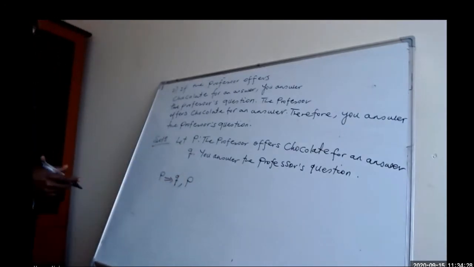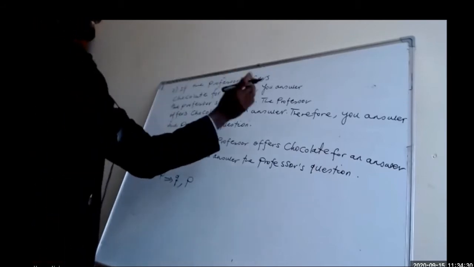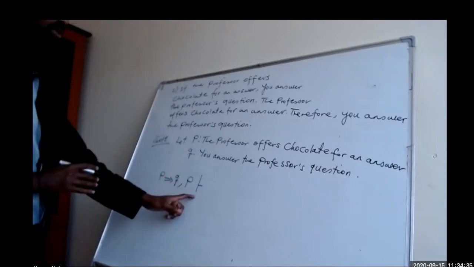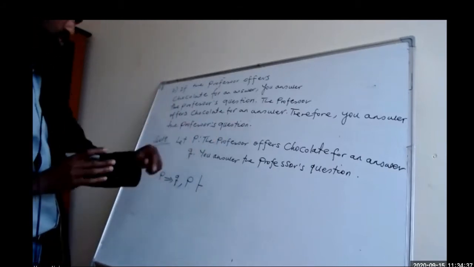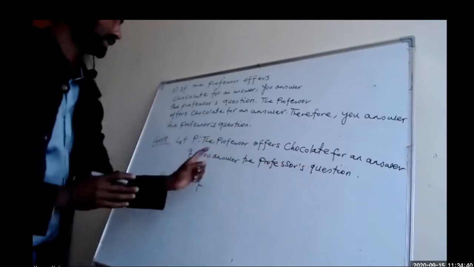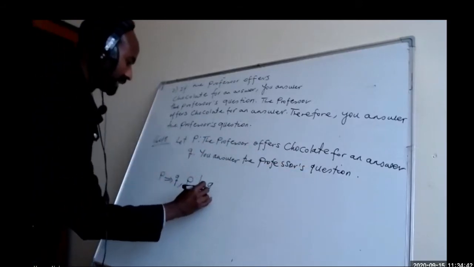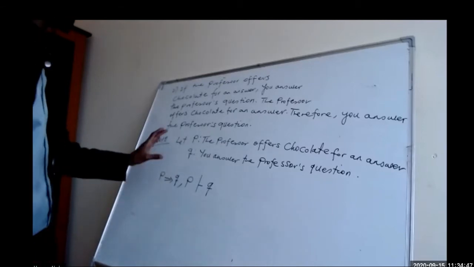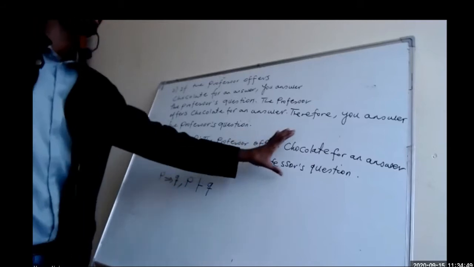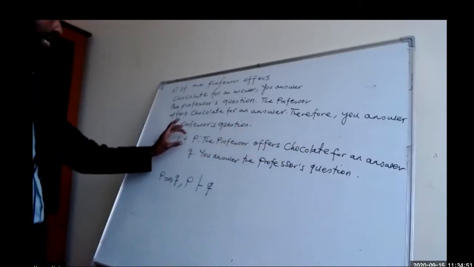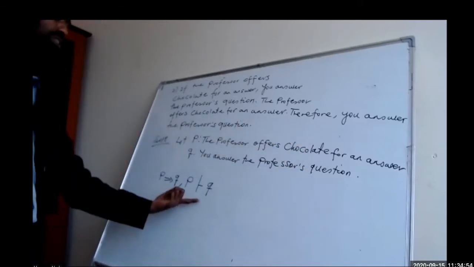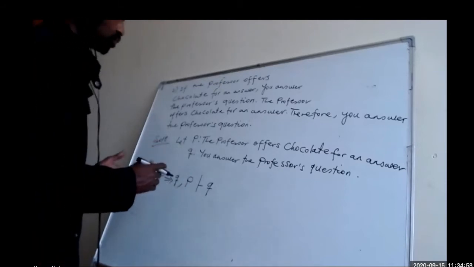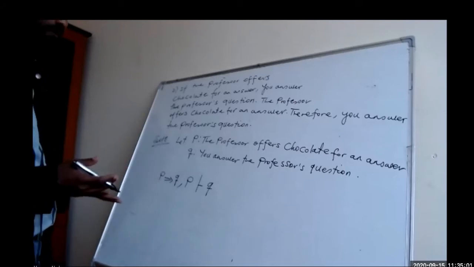P implies Q as first premise. Then again, we have therefore. So it is symbolized by this one, and you answer the professor's question. You answer the professor's question means Q. So Q is the conclusion. So here we supposed the two English statements by P and Q, and then we have constructed the logical deduction. Then we have to go to the truth table.